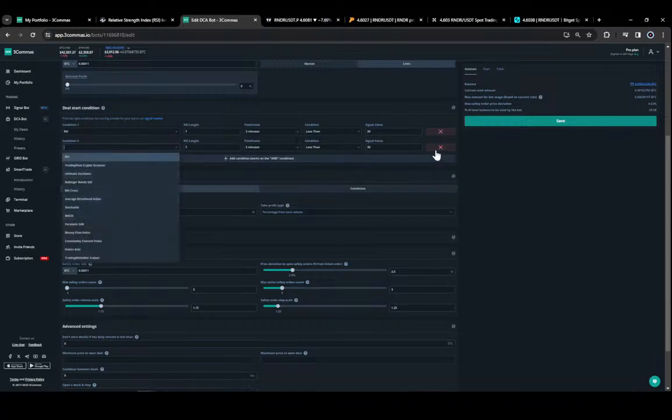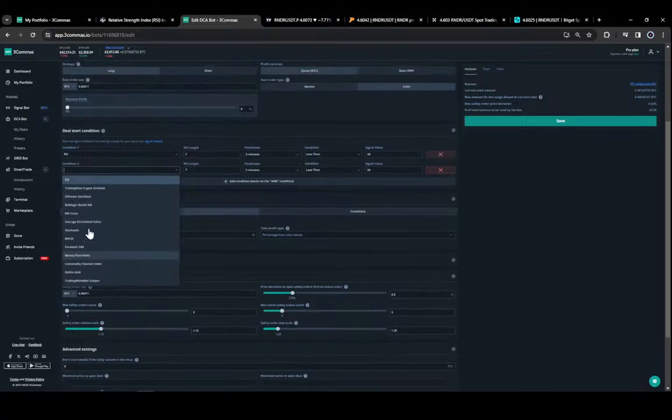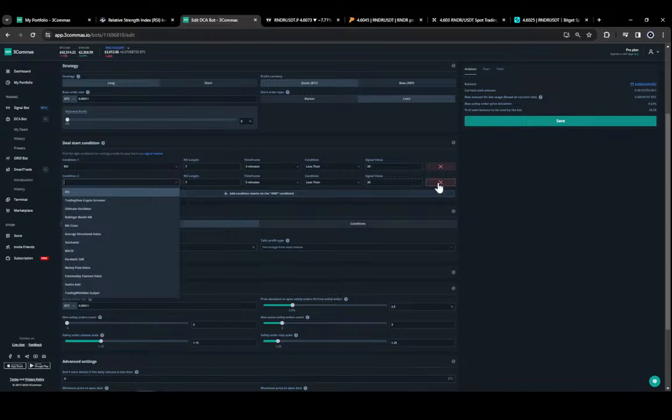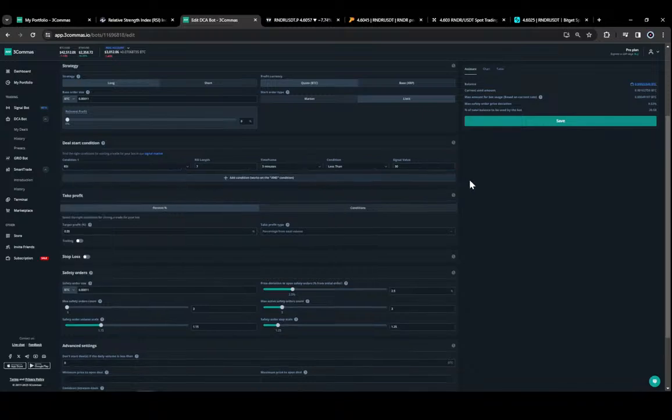I don't think I will go so much into the deal start conditions in these short segments that I'm doing during the holidays. I will just stop with the RSI, but really there are a lot of different interesting strategies there as well, and they can make your bots very effective.